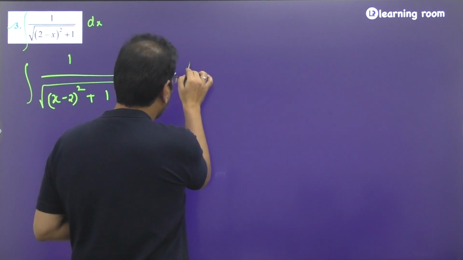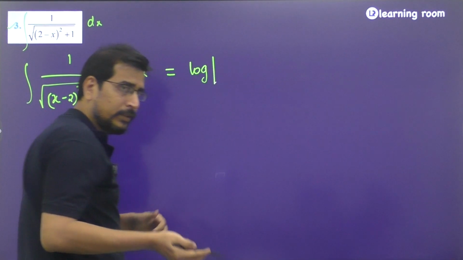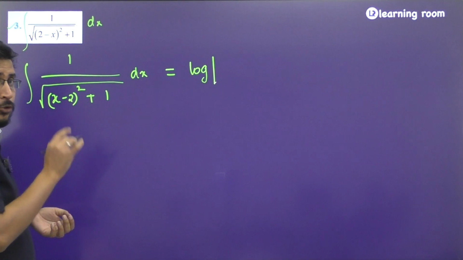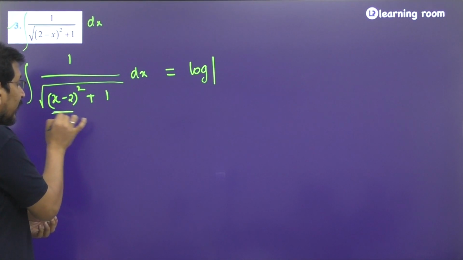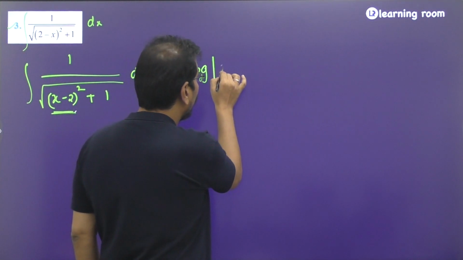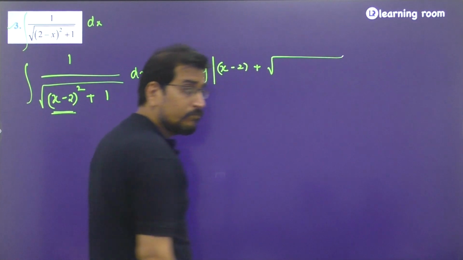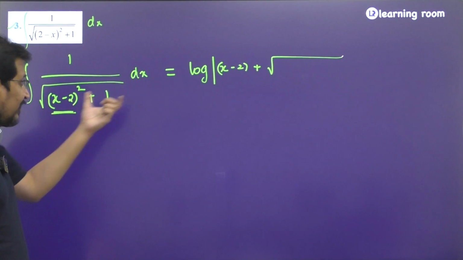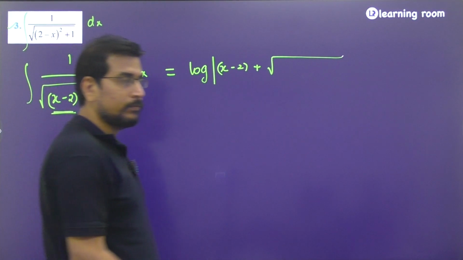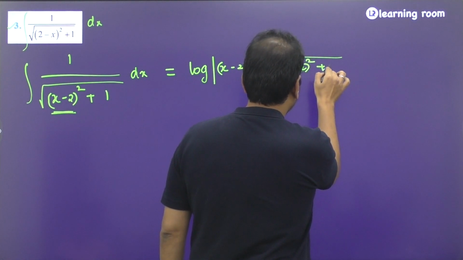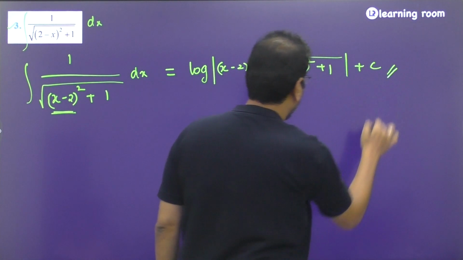Log of x plus root of x square plus a square. But what is x here? This time you should not write only x. You should write it as x minus 2. So it is log of x minus 2 plus root of x minus 2 the whole square plus 1, plus c.